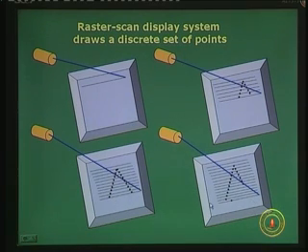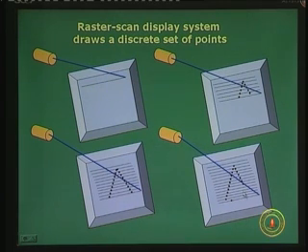Probably I am trying to draw, in this case, let us say the effect of a triangle. That means I will probably draw one more line, and these two lines will probably converge at some other point in the bottom of the screen. So, whenever you want the beam to switch on to draw or make a pixel glow or draw a point, as was said in the case of a raster scan, the beam is switched on.